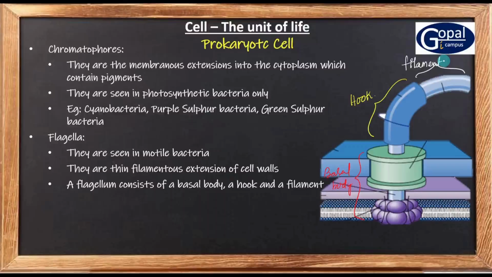So a flagellum is made up of basal body, hook and filament. Out of these three structures, the filament is the longest portion. This filament is the only part helpful in the locomotion of the bacterium.